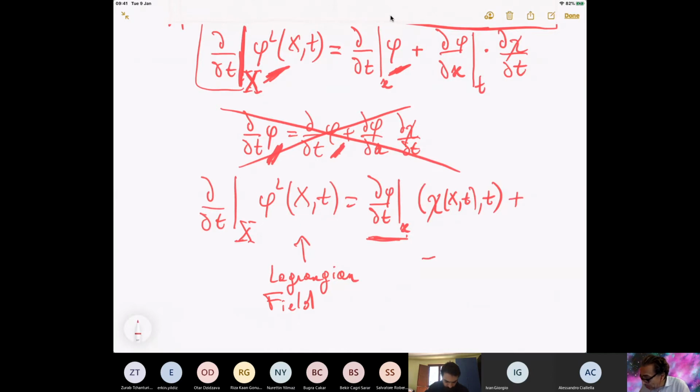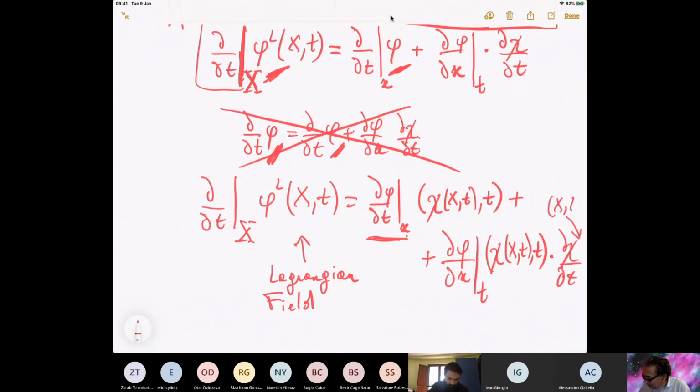Plus, once more, we have d phi over dx with t blocked, calculated in chi of X, t, and t, times d chi over dt. I have no space, but here the variables are capital X and t.